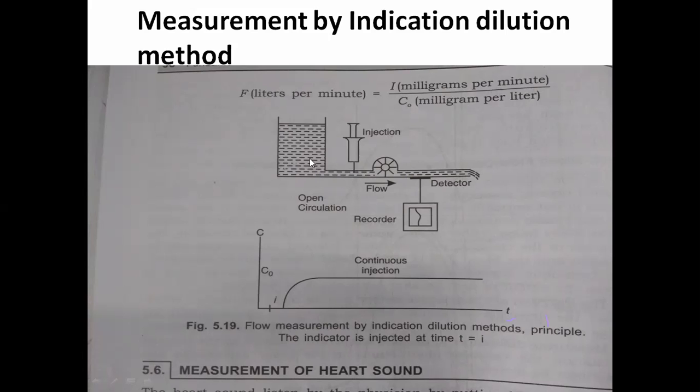Suppose the blood flow is very high, then what happens, the injected substance will be consumed more, and the detector will identify more amount of the substance, and that gives the blood flow.